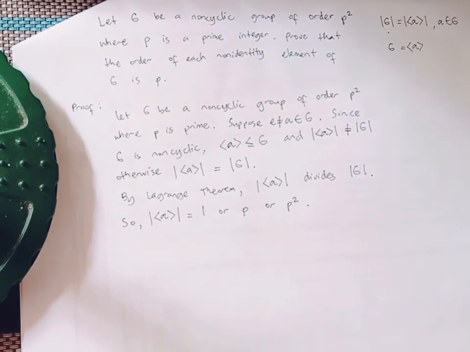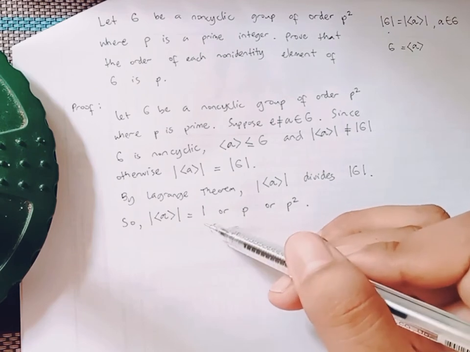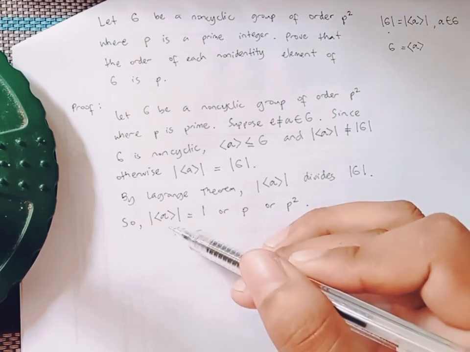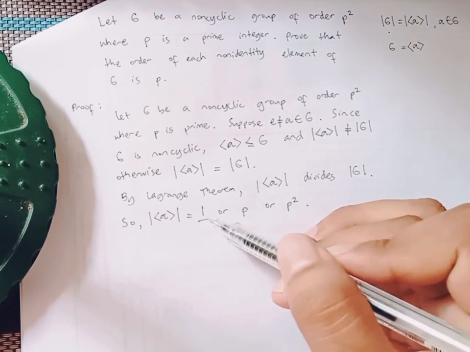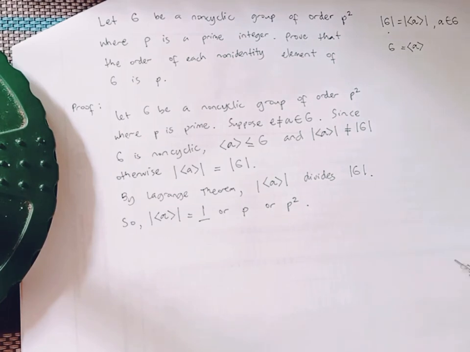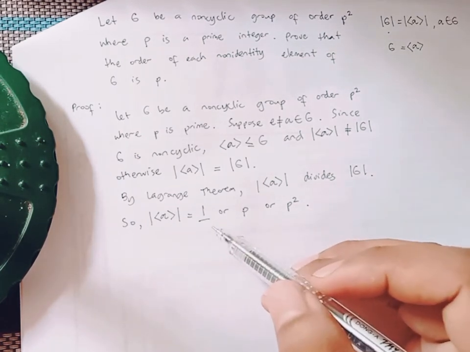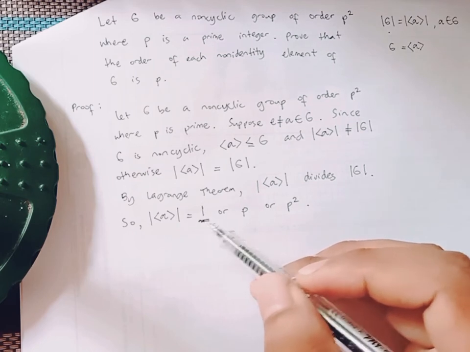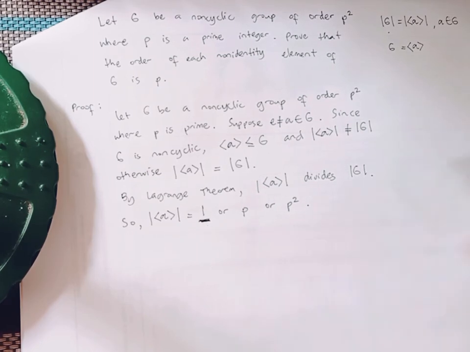But we can eliminate the possibility that the order of A is 1, because our element A here is non-identity, right? So we can exclude this possibility.